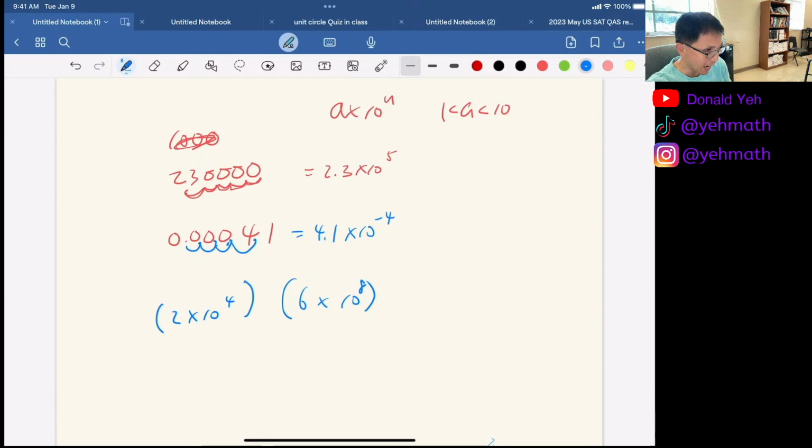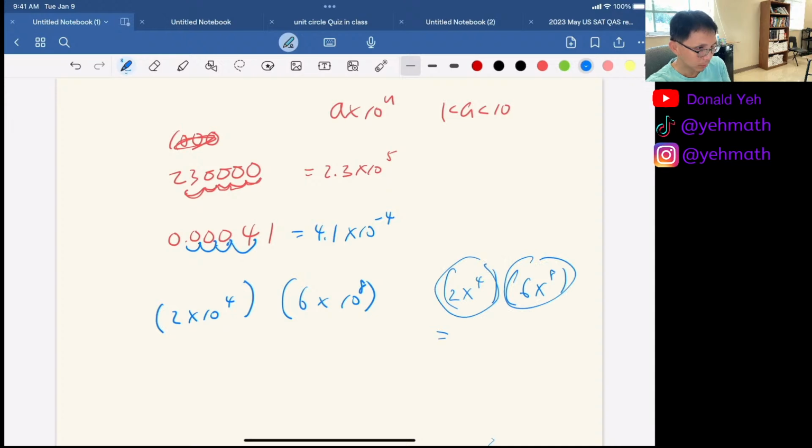So that's not x. That's a multiplication. That's a good question. Just think about 2x to the 4th times 6x to the 8th. What happens when those two multiply? We're not talking about scientific notation.